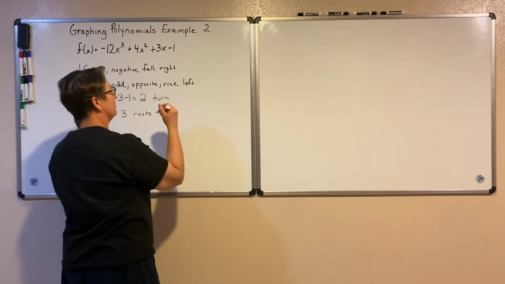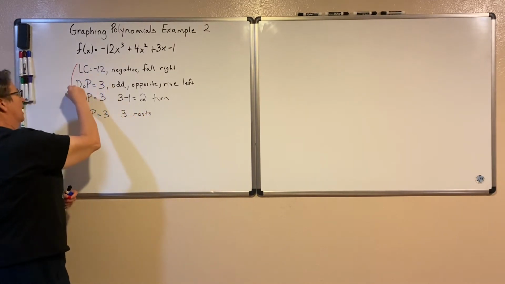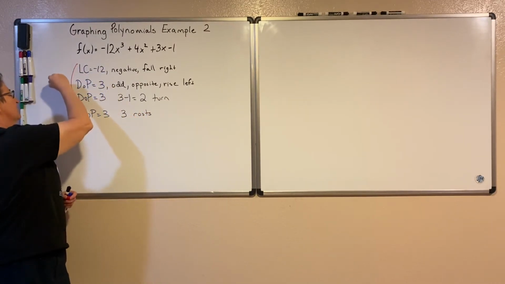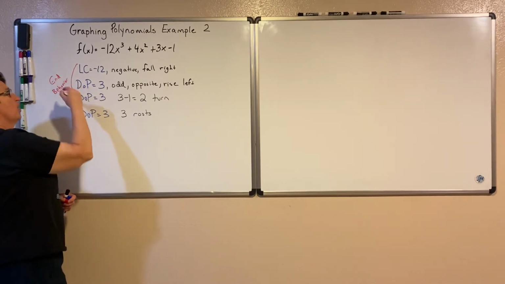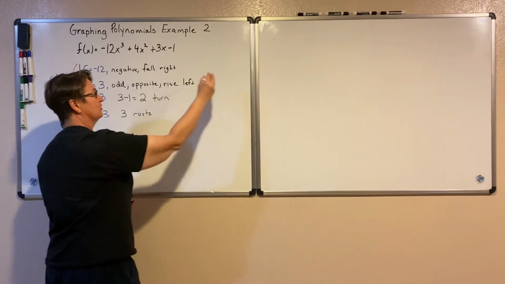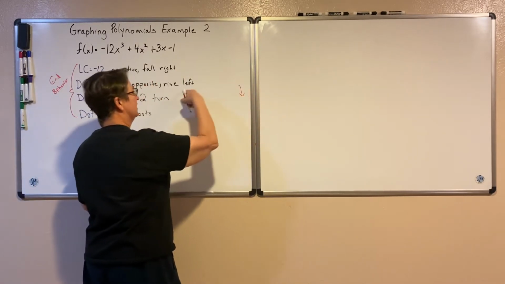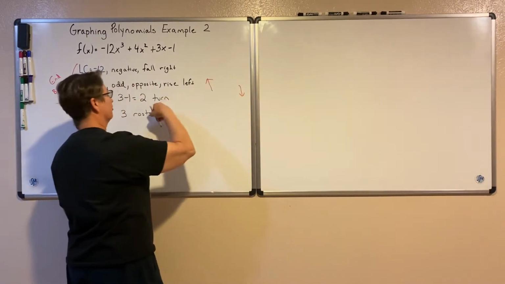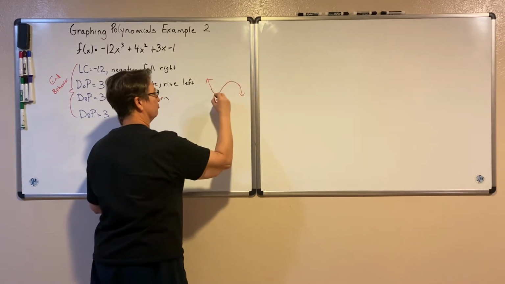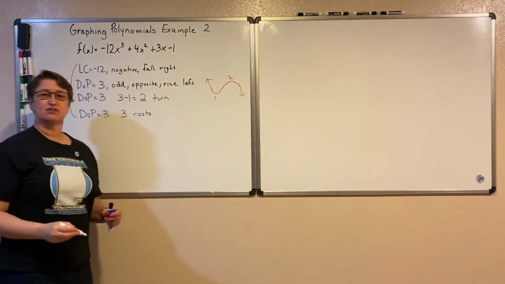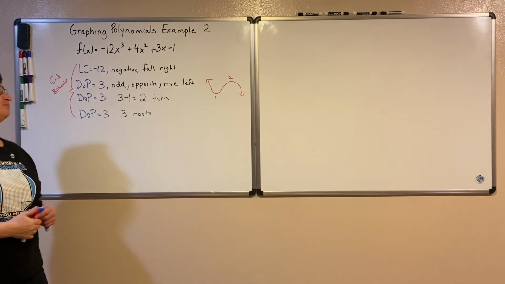And we can even give a little sketch. So I just call this the end behavior. And it gives us an idea of what our graph's going to look like. We know it's going to fall on the right, it's going to rise on the left, and there are going to be 2 turns, 1, 2 turns. So our function is going to look something like that once we've graphed it.